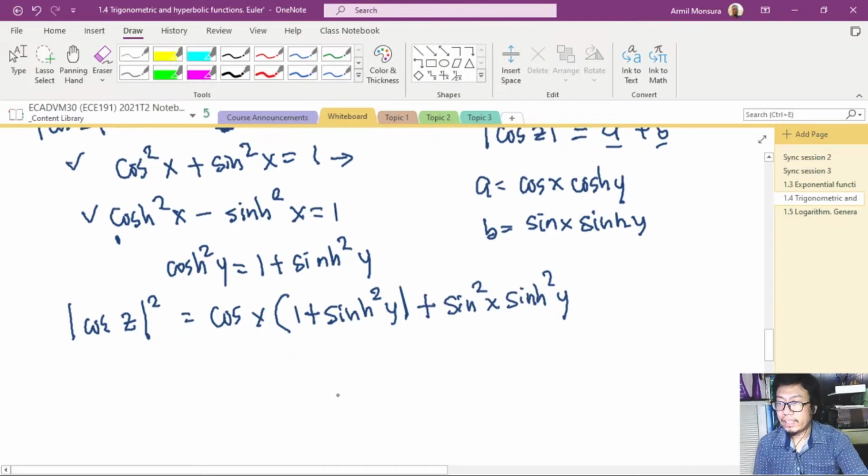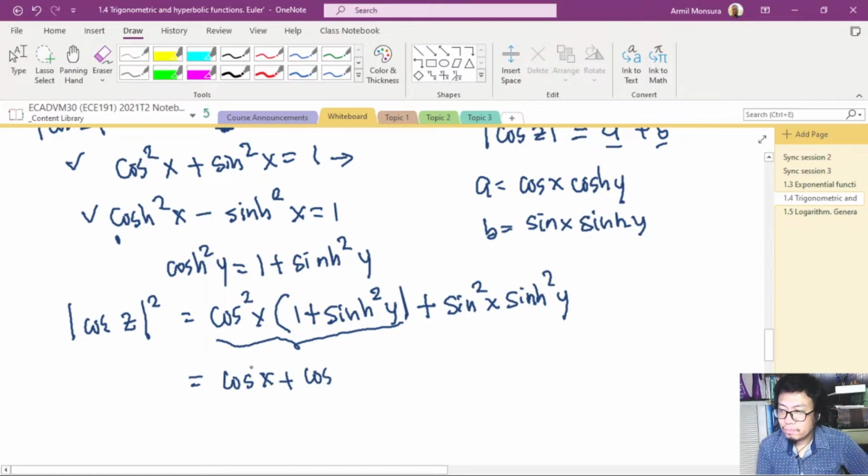And then we'll multiply out this term to produce two terms. Cosine square x is the first product, and the second product is cosine square x times hyperbolic sine square y.